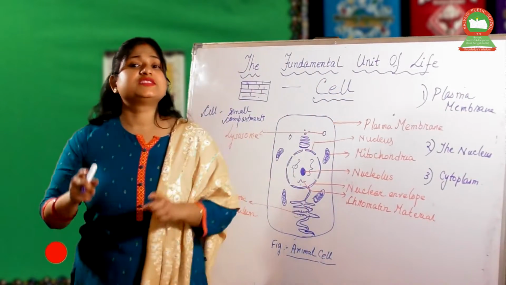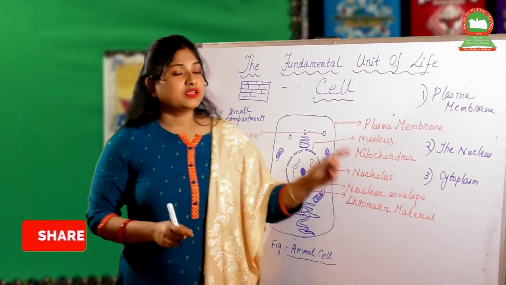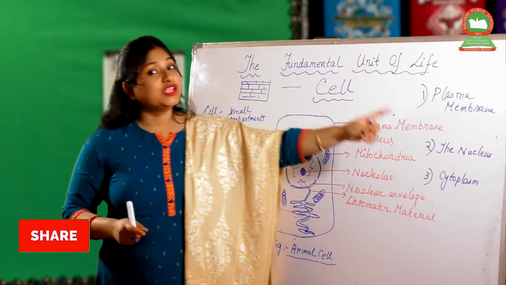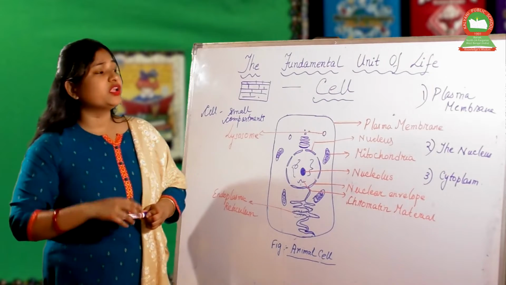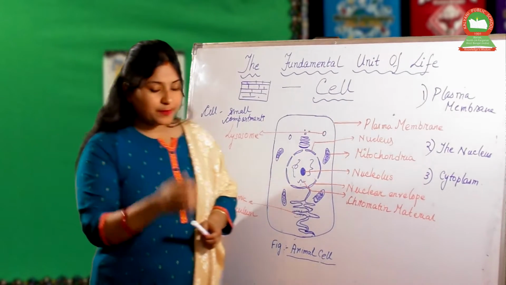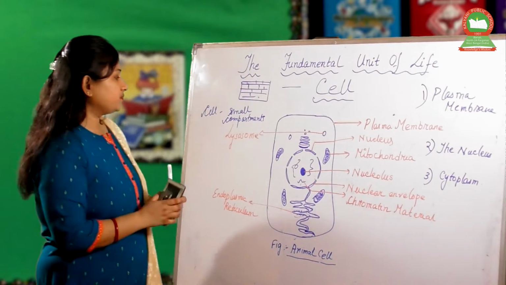So, a cell is made up of 3 components: the plasma membrane, the nucleus, and the cytoplasm. So, what is plasma membrane? So, coming to the point, plasma membrane.